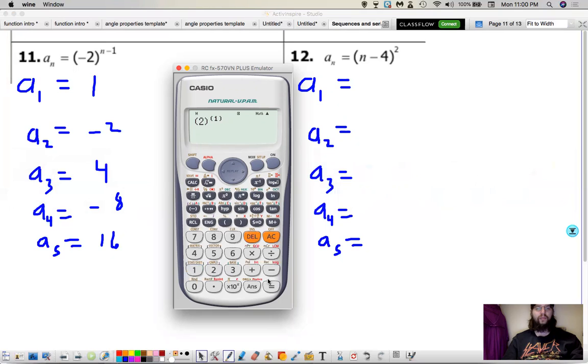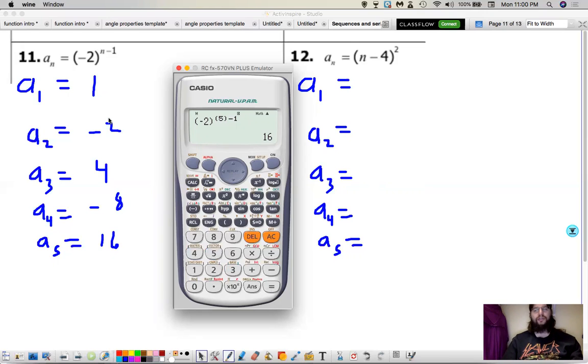Feel free to use your calculator, but negative 2 to the 1 minus 1 is 1. 2 is, oh, then put the negative. It's negative 2. 3, 4. 4, negative 8. 5, 16.